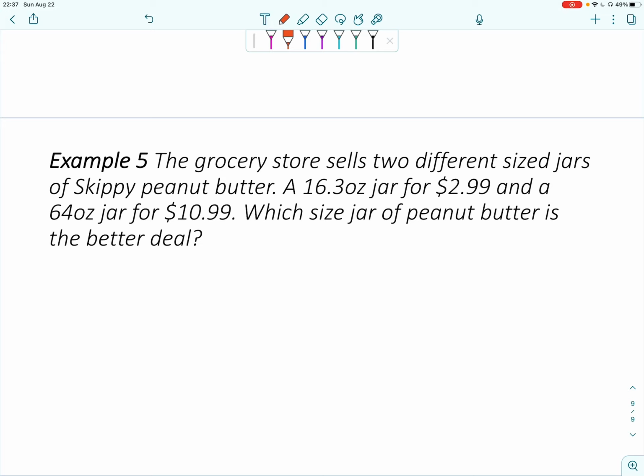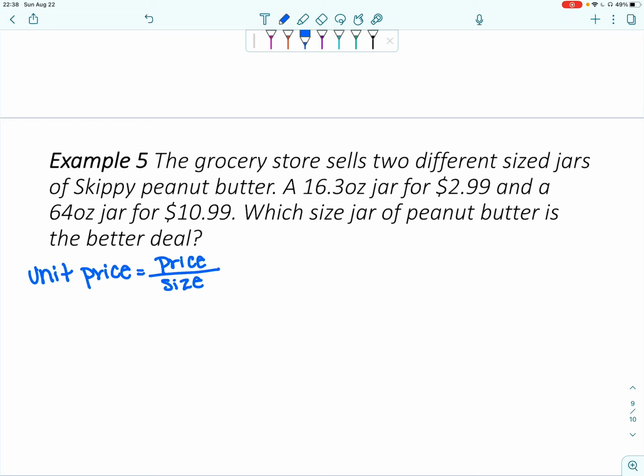The way we're going to find this is we're going to find the unit rate, or the unit price, for each jar of peanut butter. I'm going to find that by taking the price and dividing it by the size of the jar.